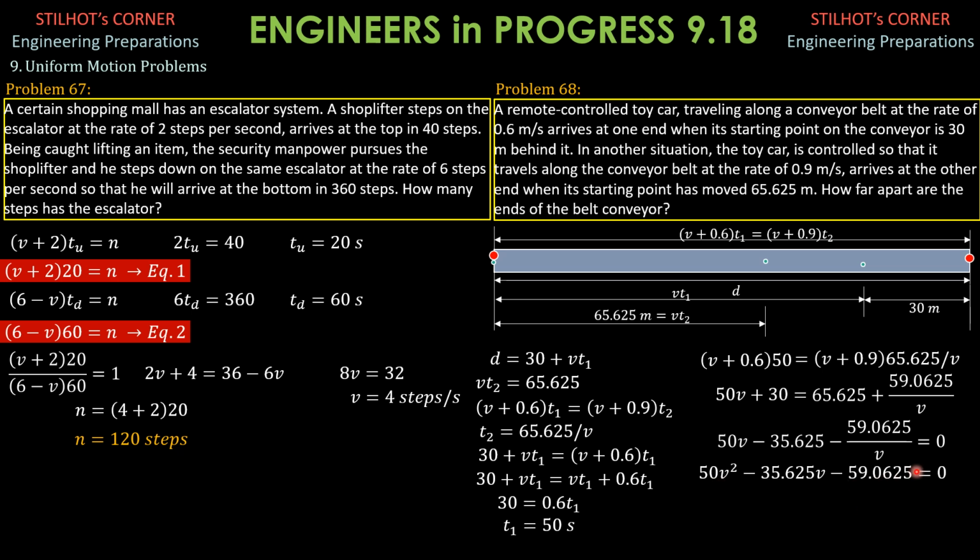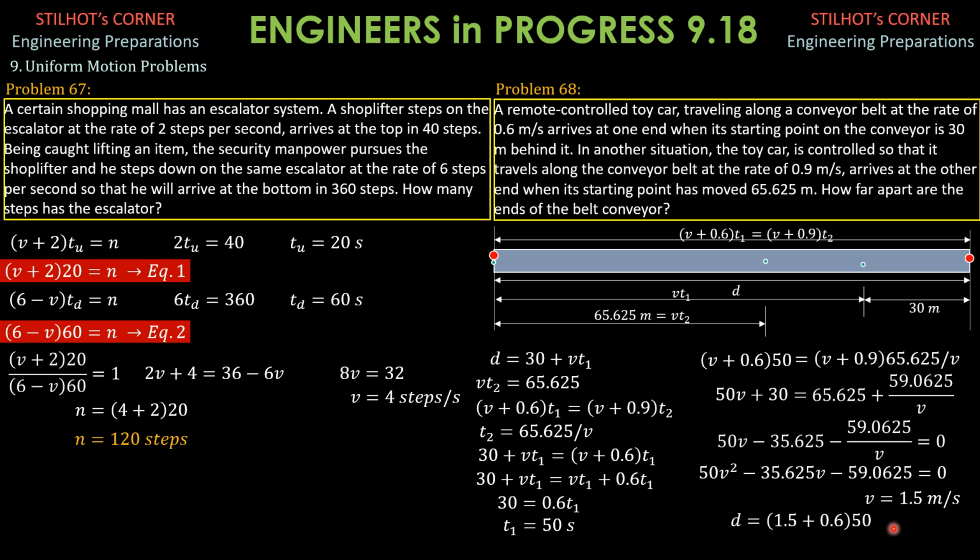So this is a quadratic equation. Then using the quadratic formula and your calculator, the positive value of V is equal to 1.5 meters per second. Having found the value of V, we can now compute the distance D, and that is equal to V times 50, 1.5 times 50 plus 30.